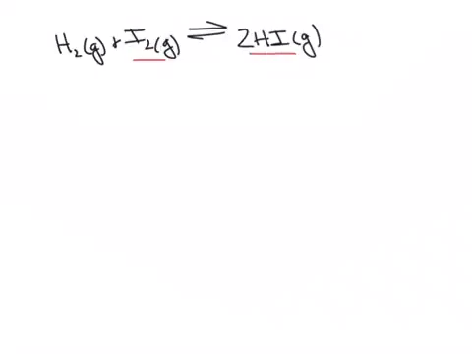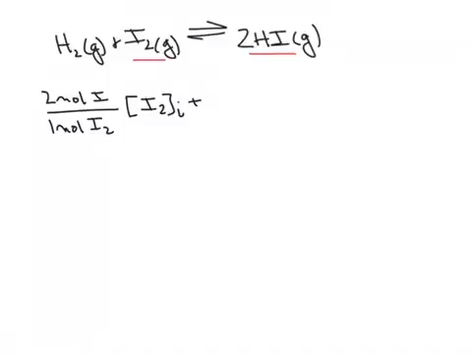So initially, for every mole of I2, we have 2 moles of I, and we're going to multiply that by the concentration of I2 initial.